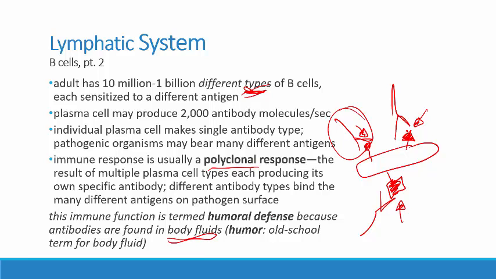Back in the olden days, like Shakespearean times, the humors were talked about as the fluids of the body, so blood and the contents of the stomach are another humor, and urine and phlegm, mucus fluids. All of these are different humors of the body. And because antibodies are found in body fluids, we talk about this as the humoral immune response or the humoral defense.